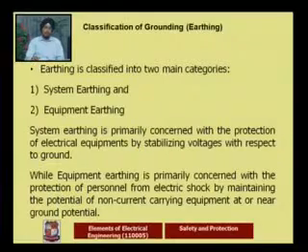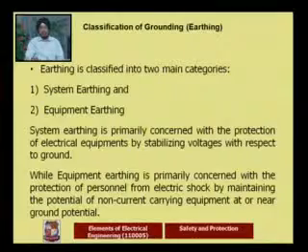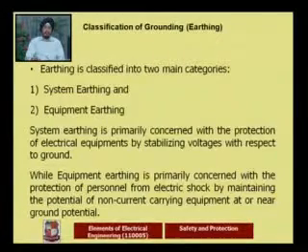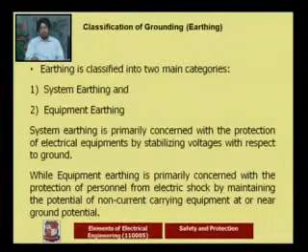Classification of the earthing. Earthing is classified into two main categories. One is the system earthing, another one is the equipment earthing. System earthing is primarily concerned with the protection of the electrical equipment by stabilizing voltages with respect to ground, what we just talked about.